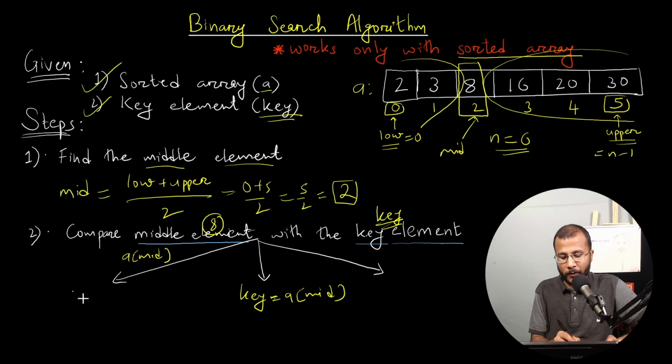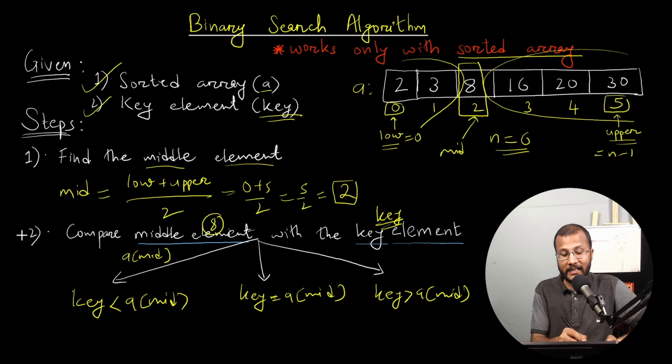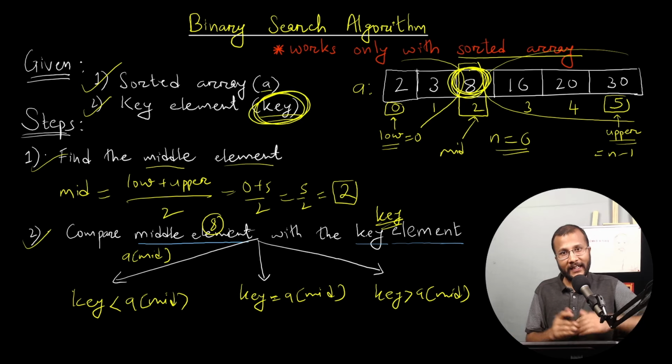Another possibility is that my key element can be less than the mid element, and the last possibility is that my key element can be greater than the mid element. So what I do in step number 2 is compare the middle element with my key element. There are 3 possibilities, so now I need to devise my logic.